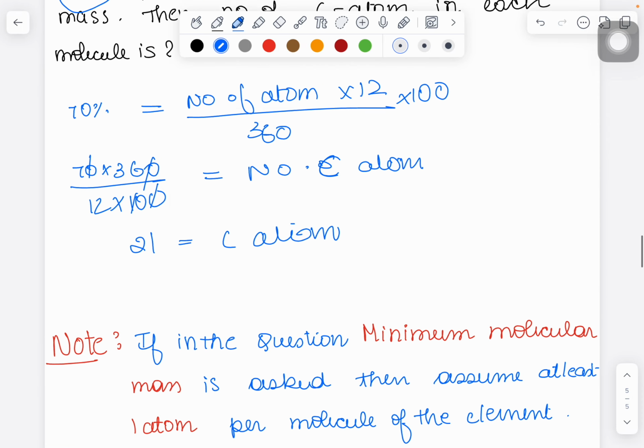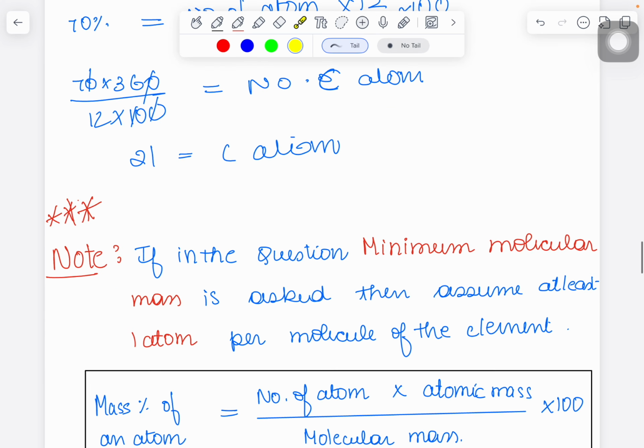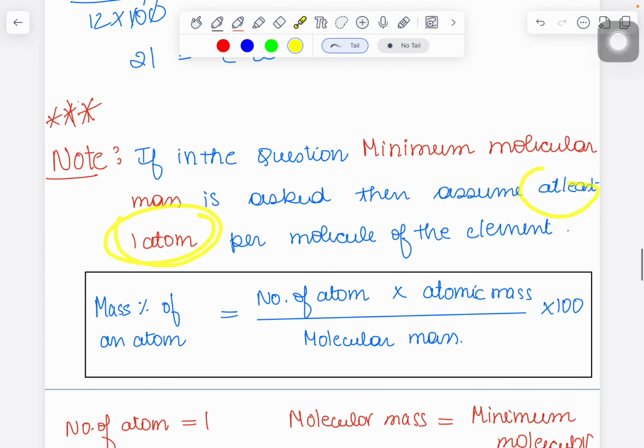Now, a most important thing students tend to forget: if the term minimum molecular mass is mentioned in the question, then always consider the number of atoms as 1. The actual formula for the mass percentage of an atom is the number of atoms into atomic mass divided by molecular mass into 100.